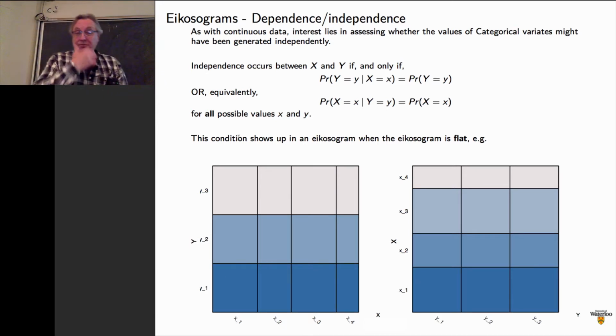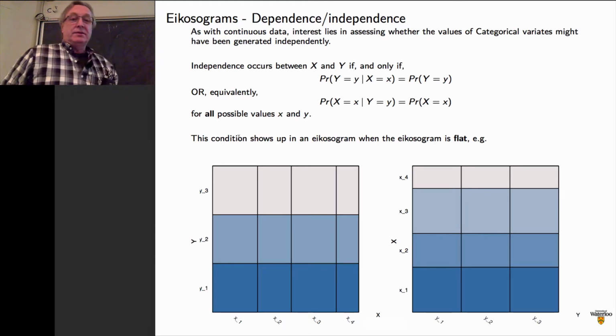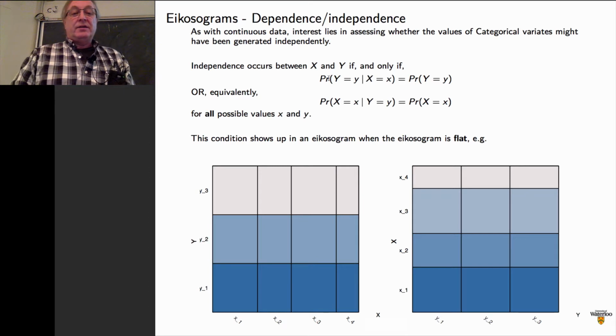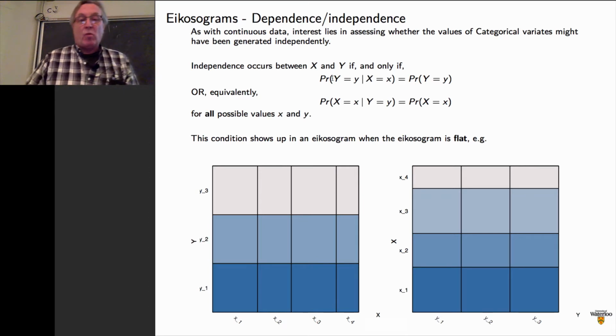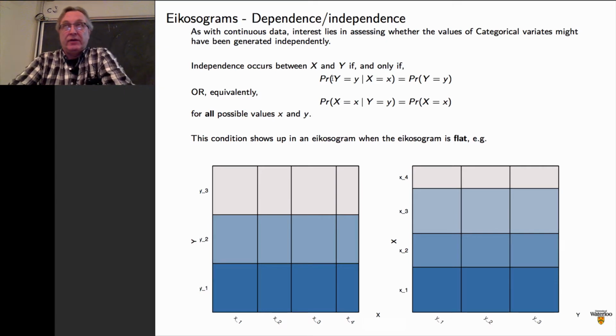Okay? So, knowing what you know about independence, independence is simply stated as, if I think about the probability of y taking some value given x has already taken a particular value, if that probability does not depend on the value of x at all, right, it's just the same as the marginal probability of y taking that value, then x and y are somehow independent.